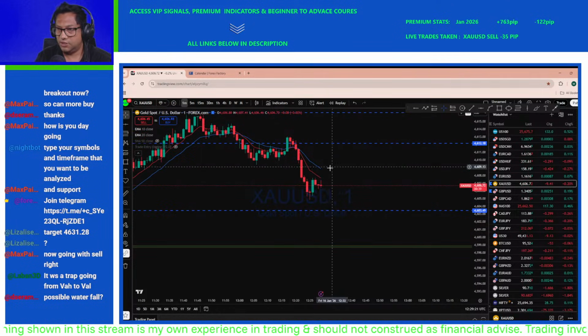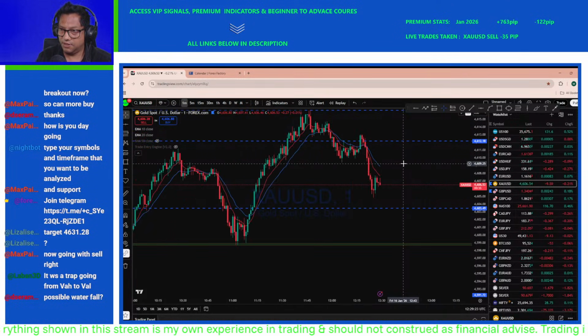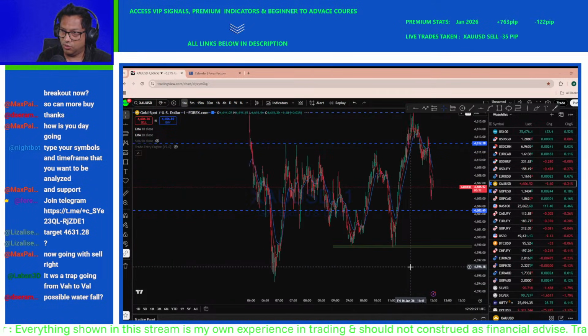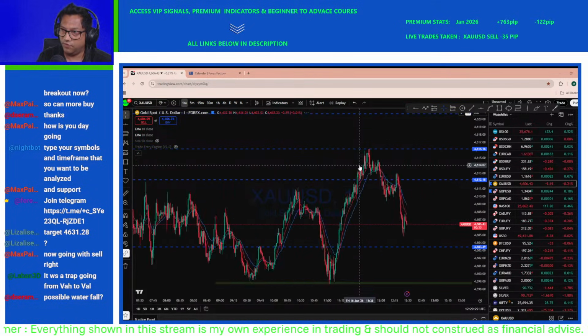The market structure is still bearish here, but it might create a new lower low because it's carrying rejection from a very high.